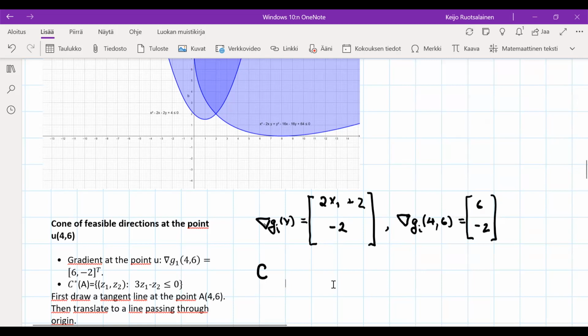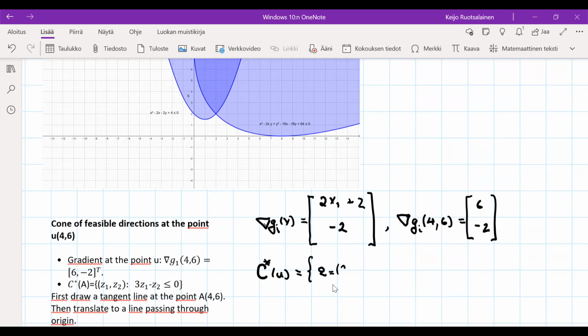So now I can write this. So C star of U is the points or the directions Z.